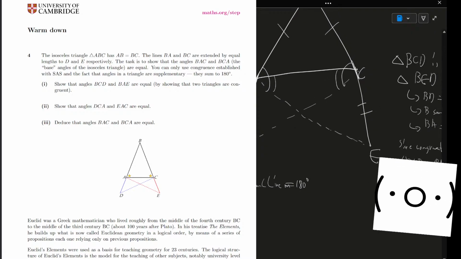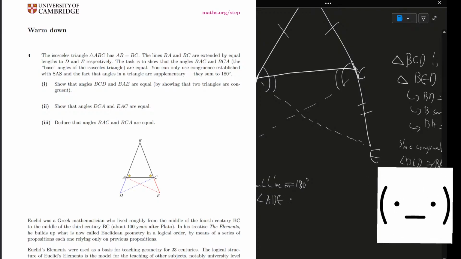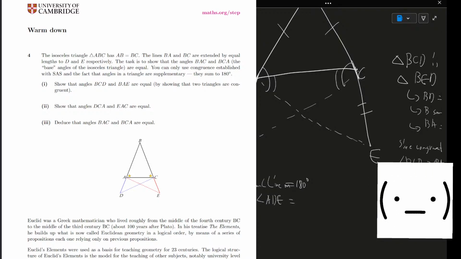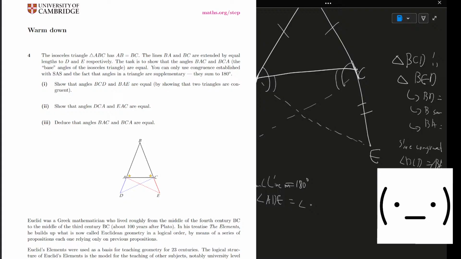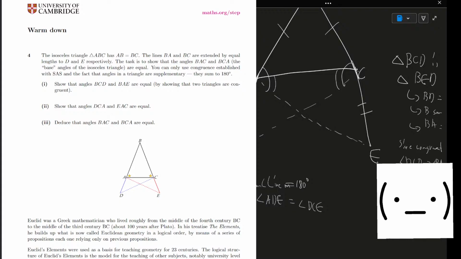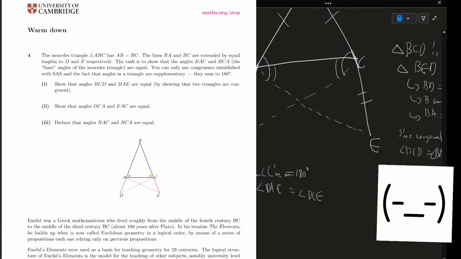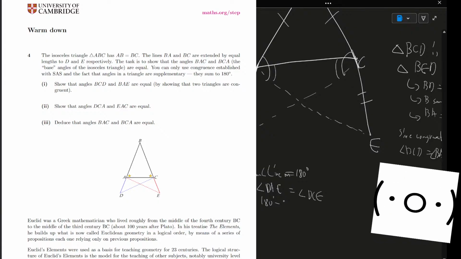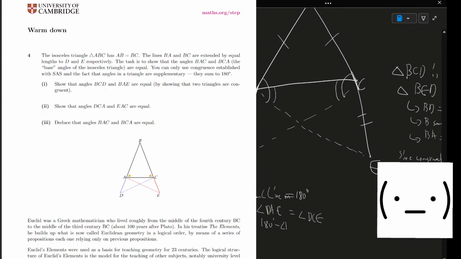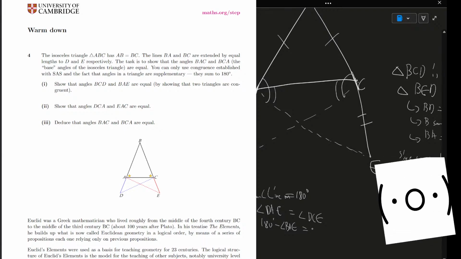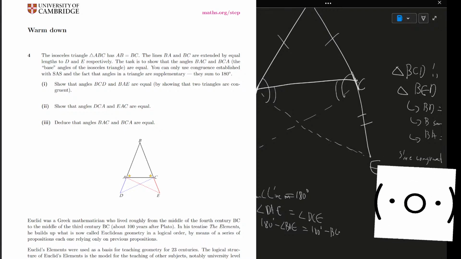Therefore, we can figure out that ADE equals DCE. Oh, sorry, this is DAE. Yeah, because 180 minus DAE equals 180 minus BCD.